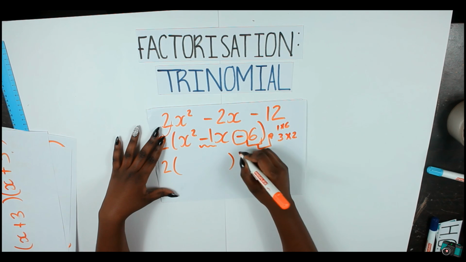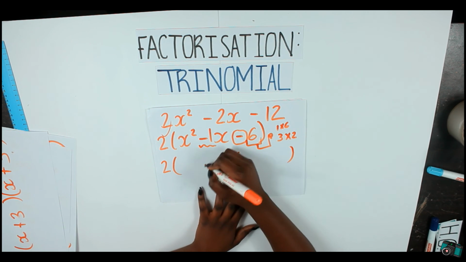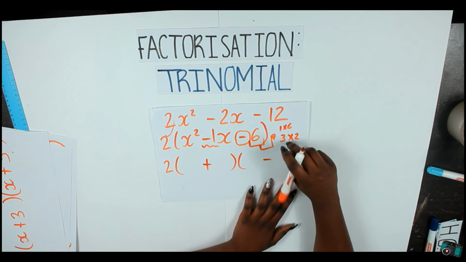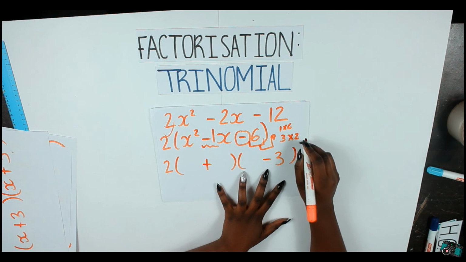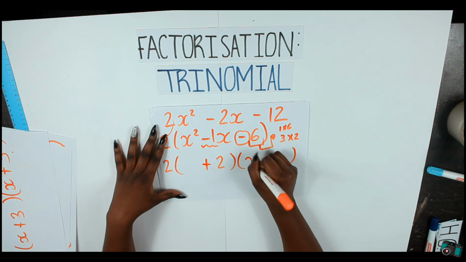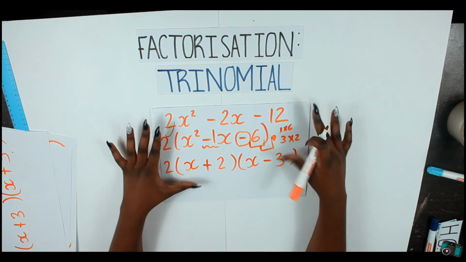Introduce your 2 brackets. You have to get to negative 1. So it's going to be plus and minus. Minus 3 plus 2 will get you to negative 1. x and x. And that is your final answer.